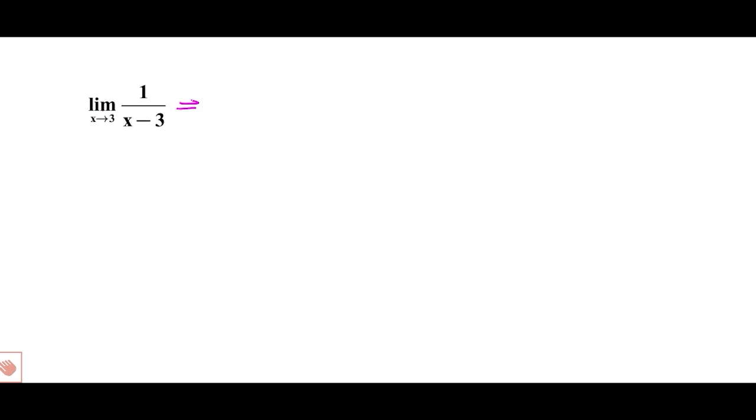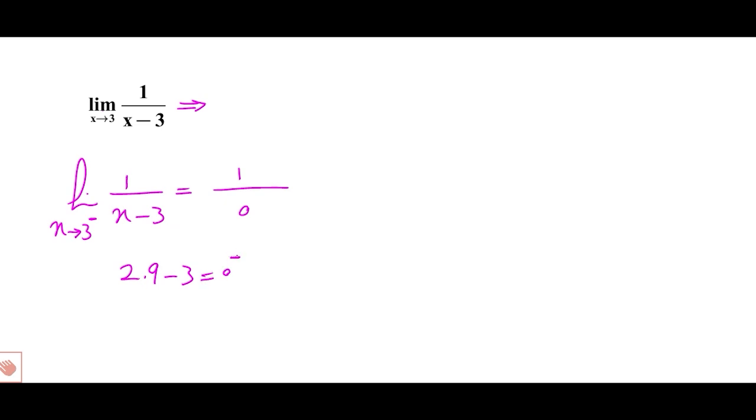So the left hand limit of 1 over x minus 3 as x approaches 3 from the left: we plug in 3 for x, is equal 1 over 0, but 3 from the left is, for example, 2.9 minus 3 is equal 0 from the left.